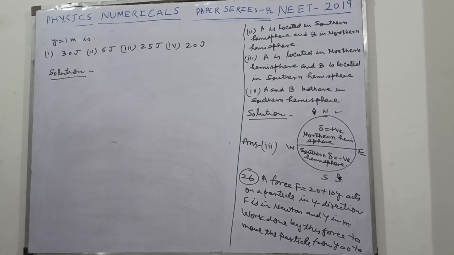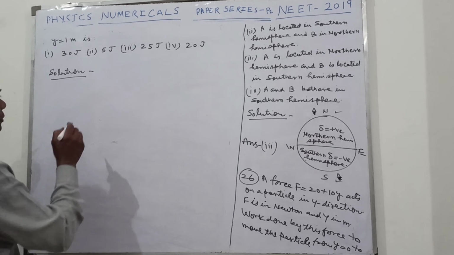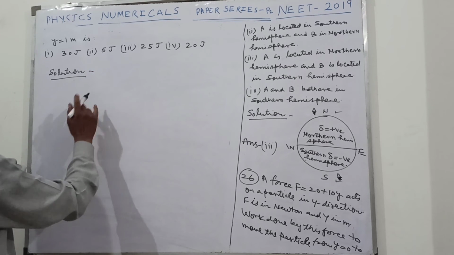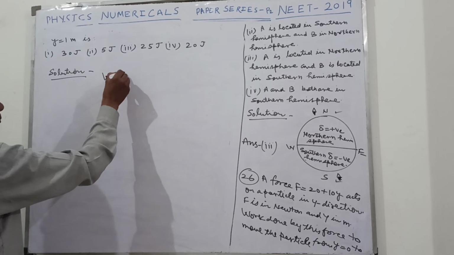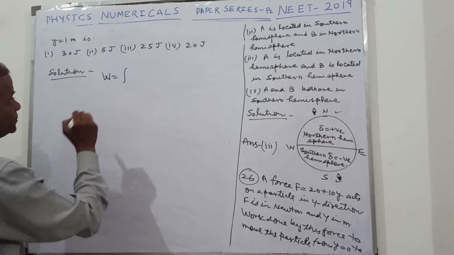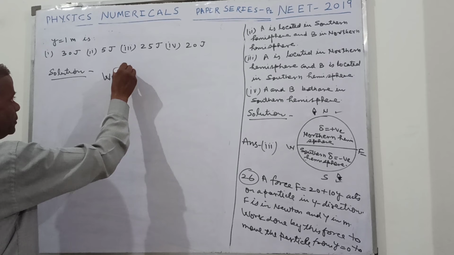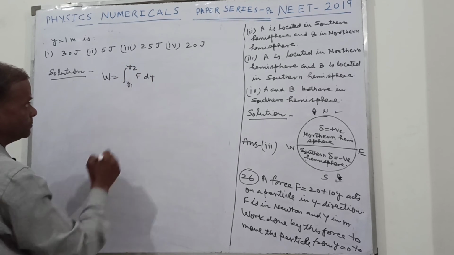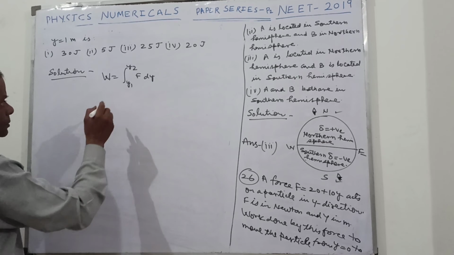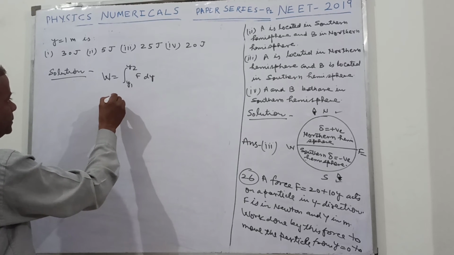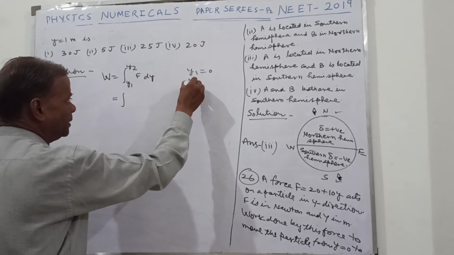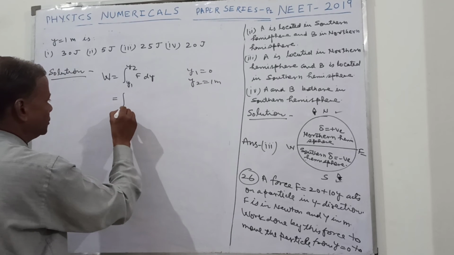Now you are given the value of y from 0 to 1 meter. Force is also given. So work done, W is equal to the integration, we have the formula, y1 to y2 F dy. Here y1 equal to 0 and y2 equal to 1 meter.